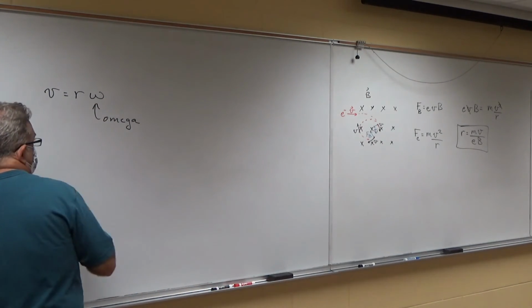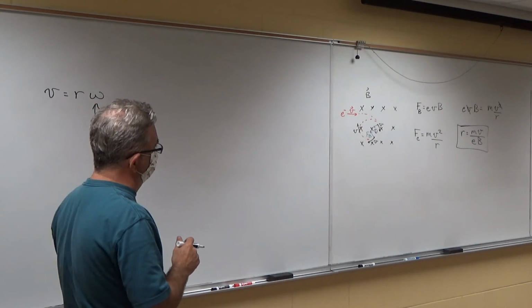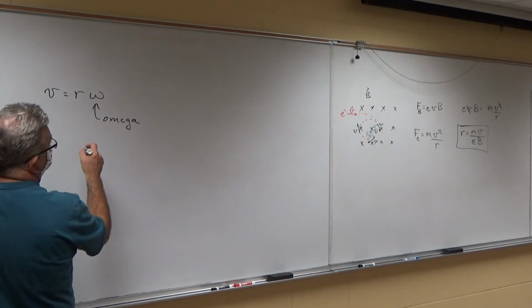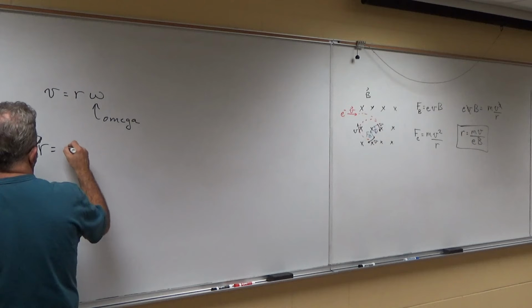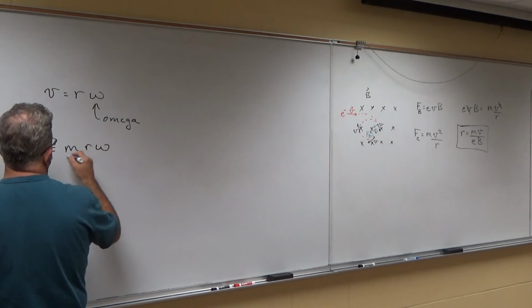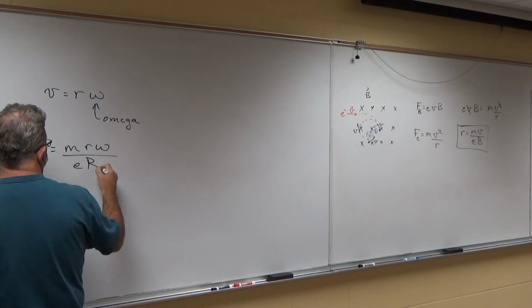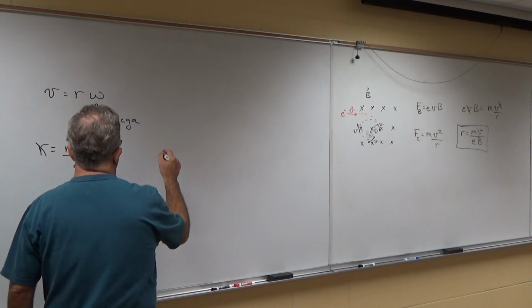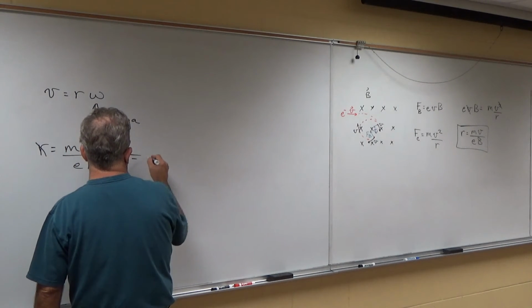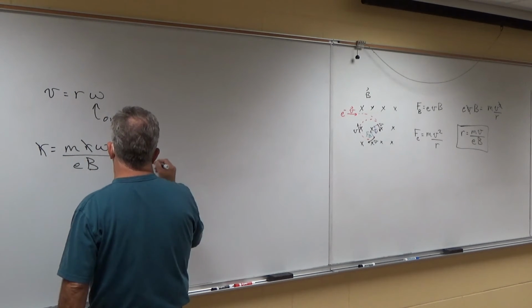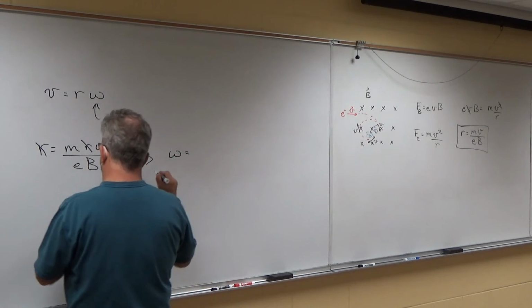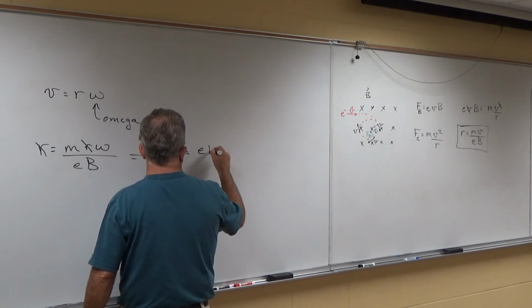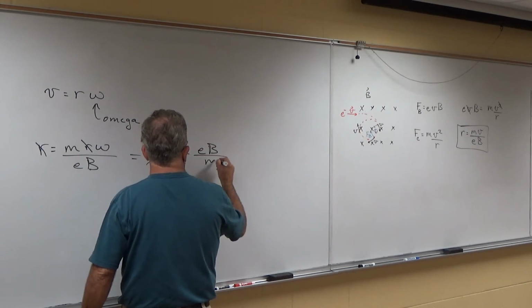So you can make a substitution here. R is equal to M R omega over E B. These R's cancel and you get omega equals EB over M.